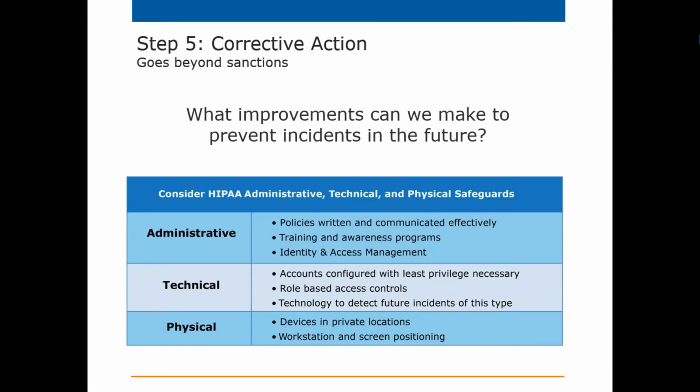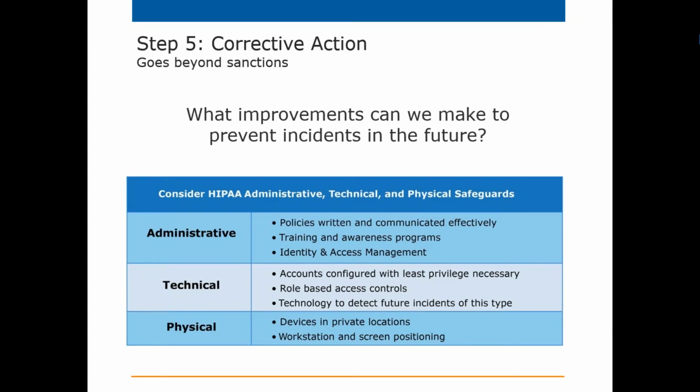But it goes beyond sanctions. We have to think about what improvements we can make in our organizations to prevent incidents in the future. All of those things we learned from in our documentation, those things about the who, what, when, where, why, and how, we took that learning and now let's apply it to prevent that breach from happening again.